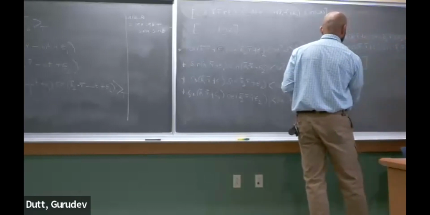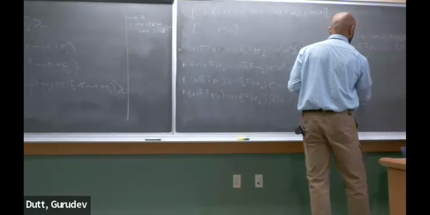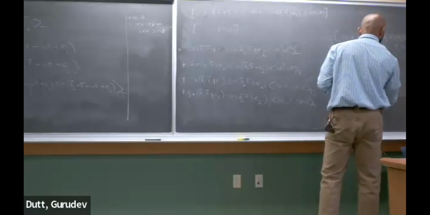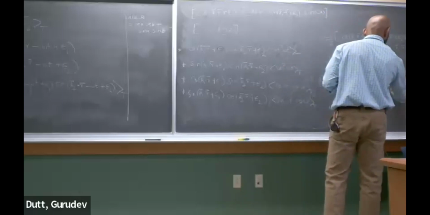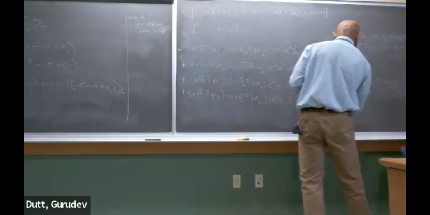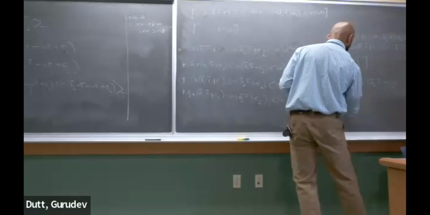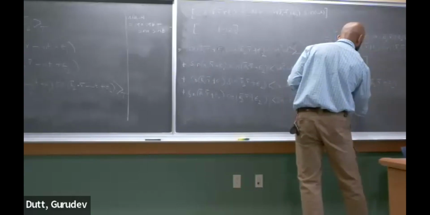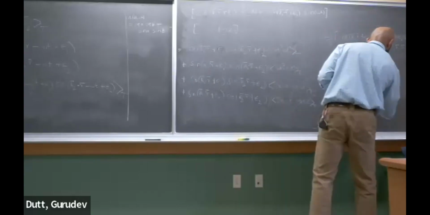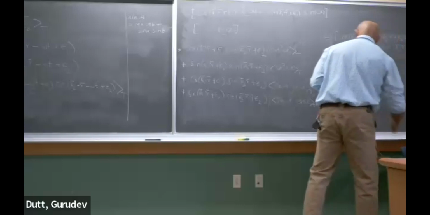So it's k1 dot r plus epsilon 1 minus k2 dot r plus epsilon 2. That can be written as k1 dot r minus k2 dot r plus epsilon 1 minus epsilon 2.